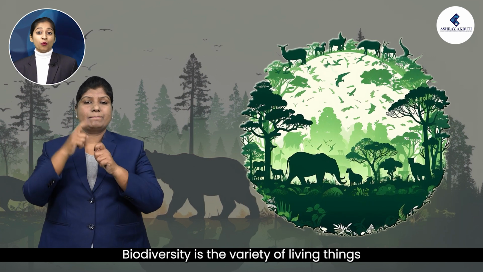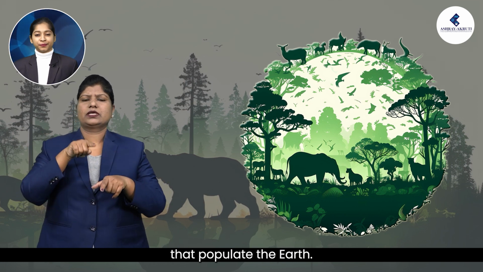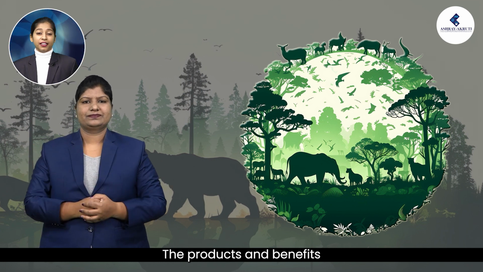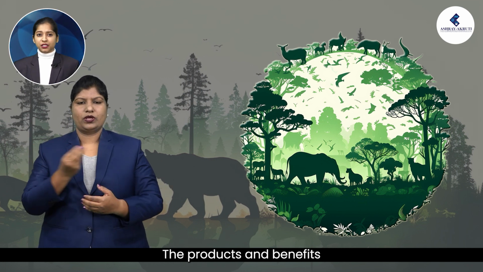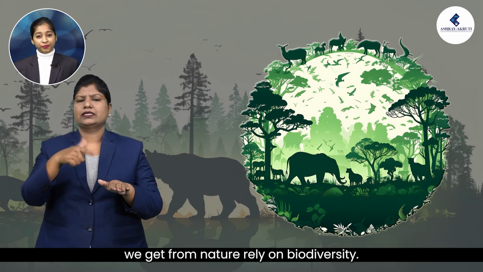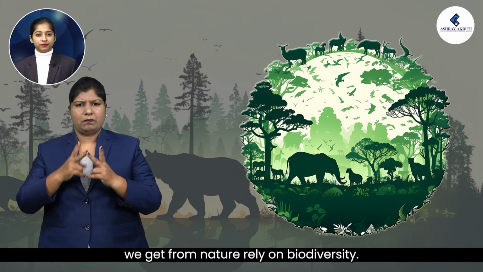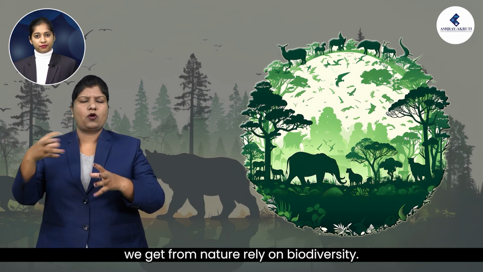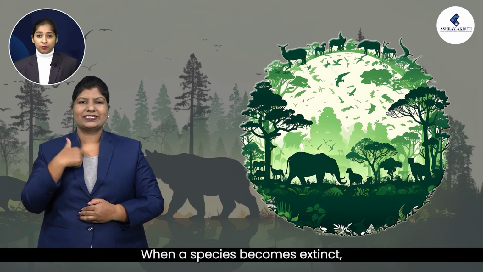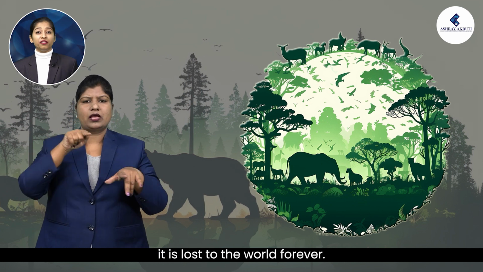Biodiversity is the variety of living things that populate the earth. The products and benefits we get from nature rely on biodiversity. When a species becomes extinct, it is lost to the world forever.